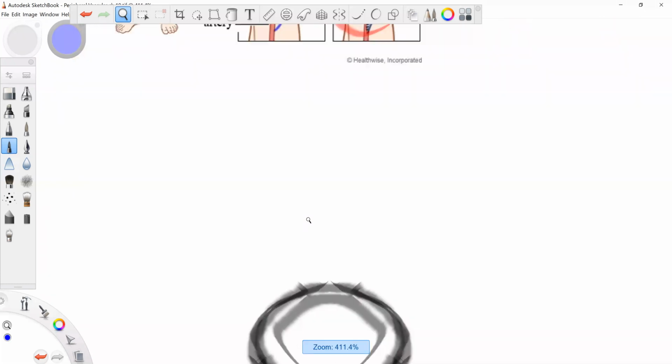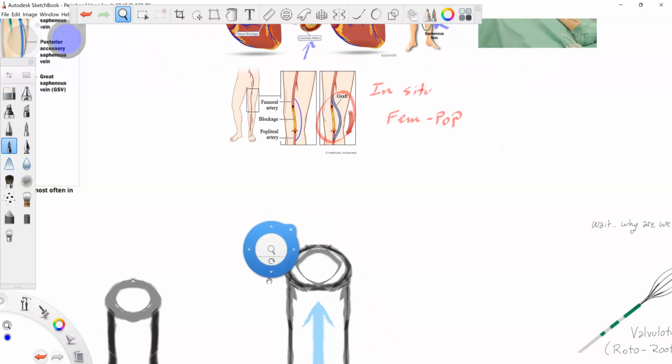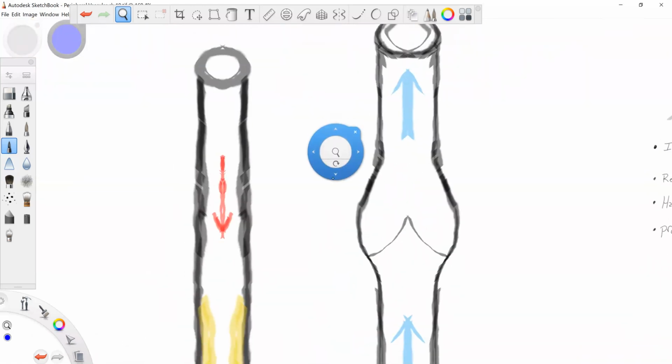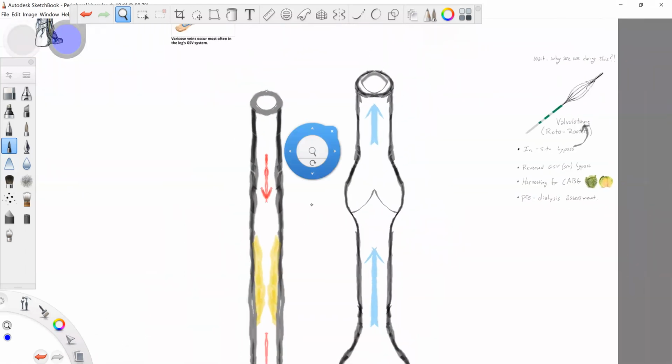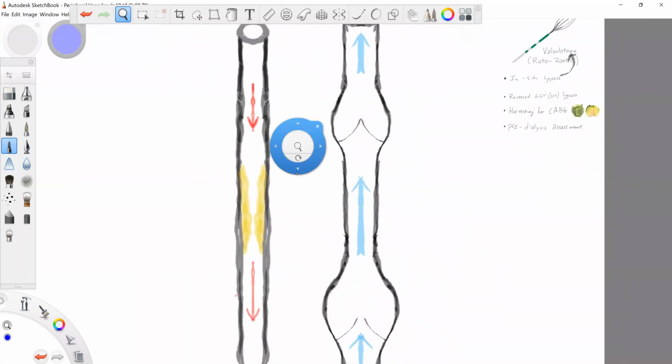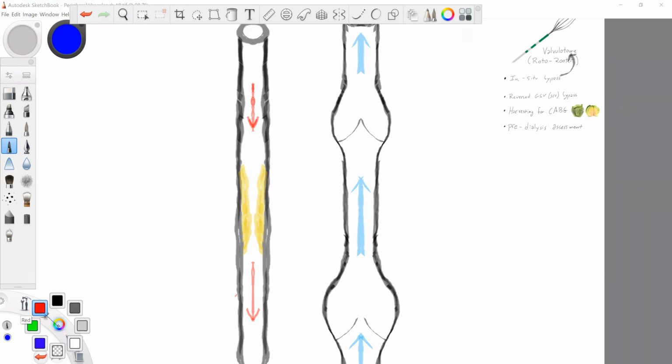Ooh, that's a big picture. Hold on. All right, so here's my artery heading downward. Normally, of course, this blood is heading up. What are these things here?